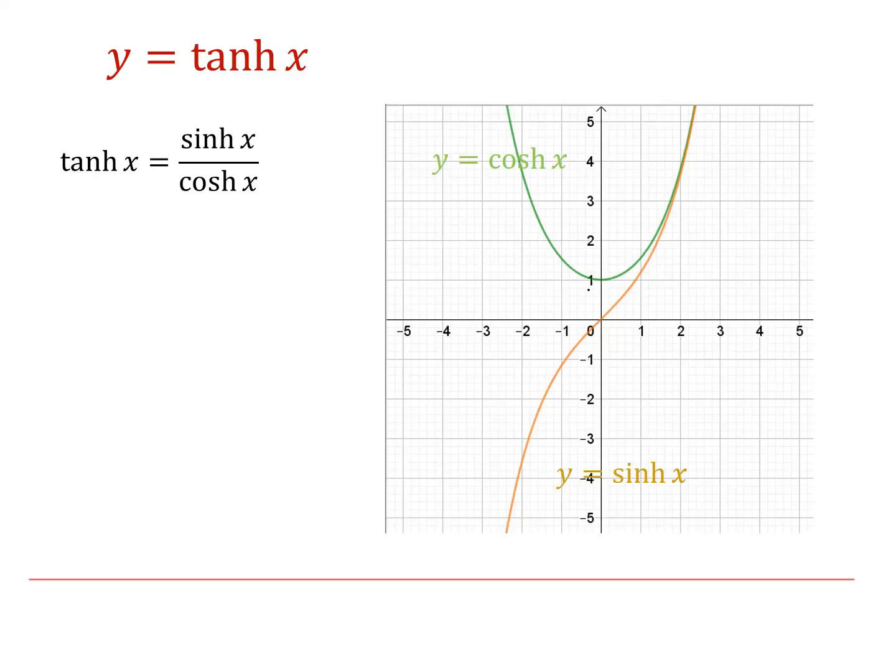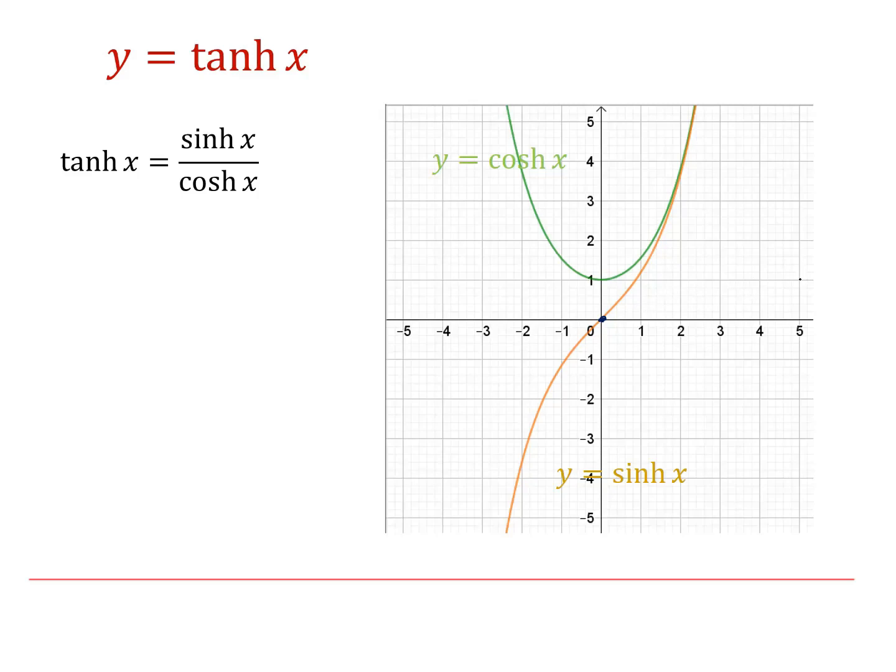Well, I want to look at what happens if I've got sinh x, that's the amber line, divided by cosh x. Well, the first thing to note is that here at 0, I'm going to get 0 over 1, which is 0. For larger values of x, you can see that these two are very close together, with sinh just being a little bit smaller than cosh.